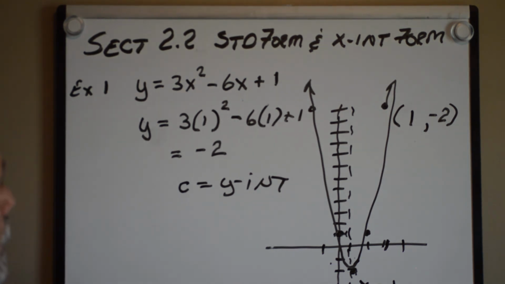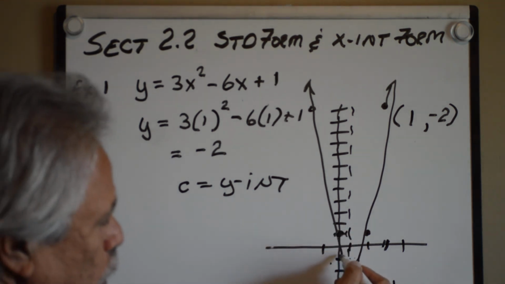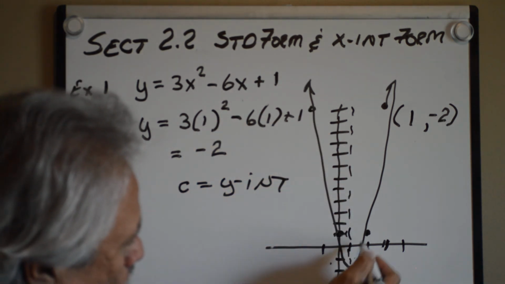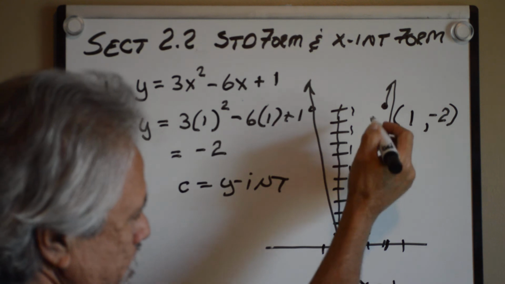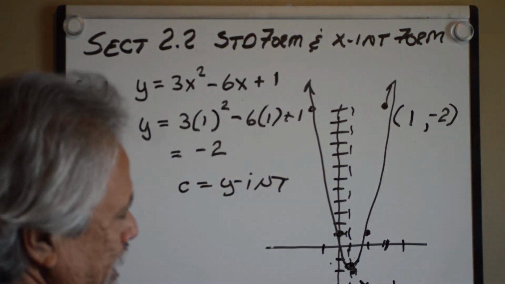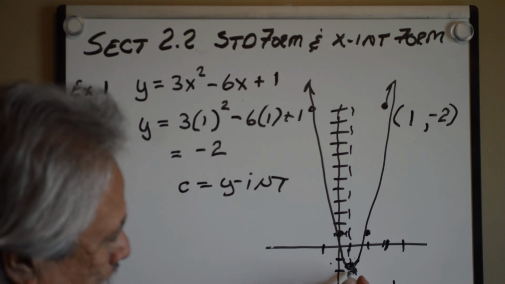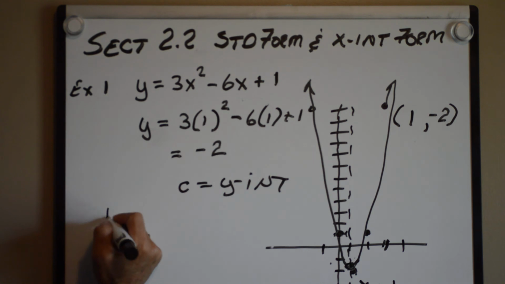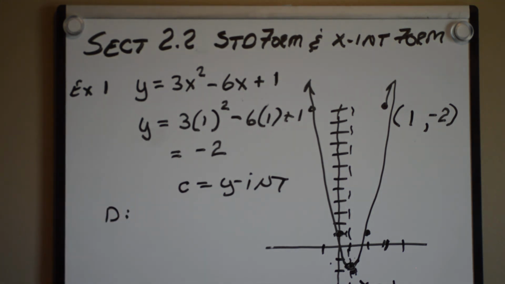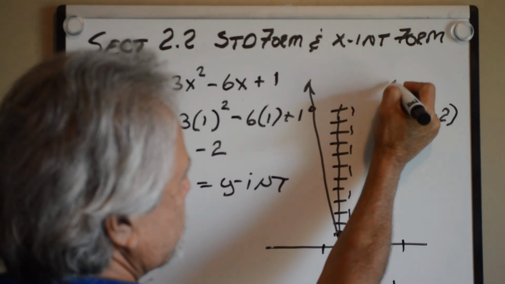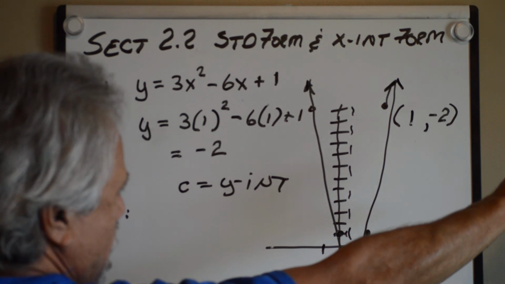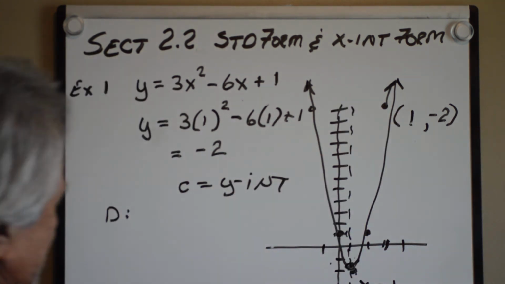Alright, another thing to look at. Whenever my parabola is opening upwards, this vertex is my lowest point. I'm coming down from here, and then I hit the lowest, and I go back up. So notice right there, it's at y equals negative 2. My domain is always the x values. Since this guy is opening upward and there's an arrow, it keeps getting higher, it keeps getting wider, forever and ever in the x and the negative x.